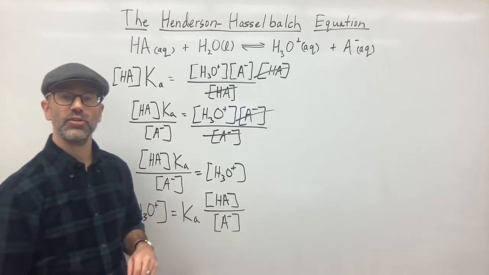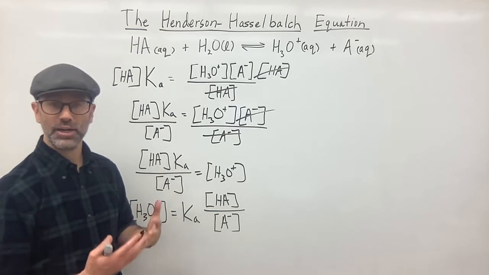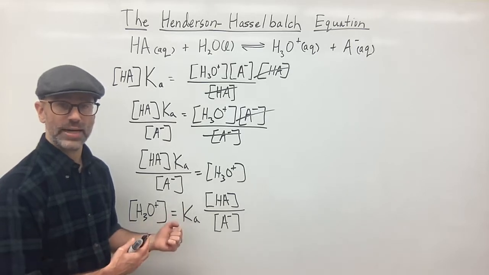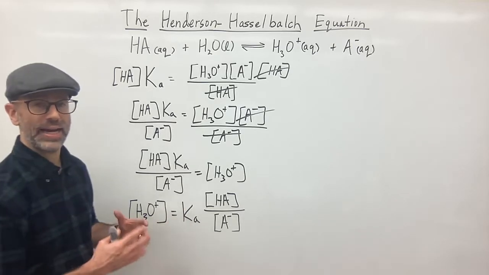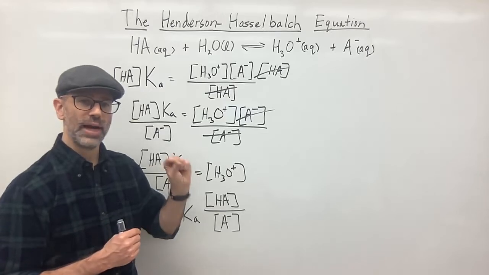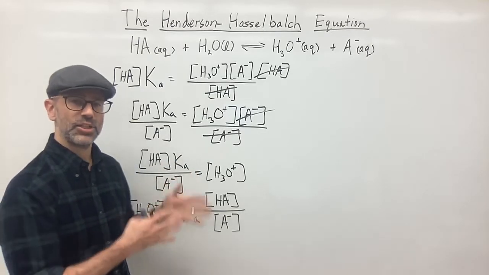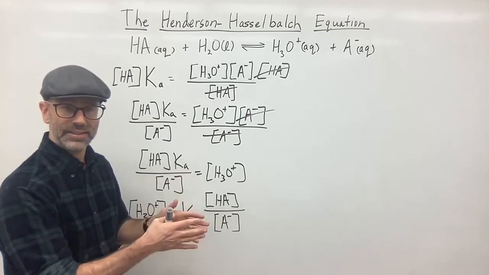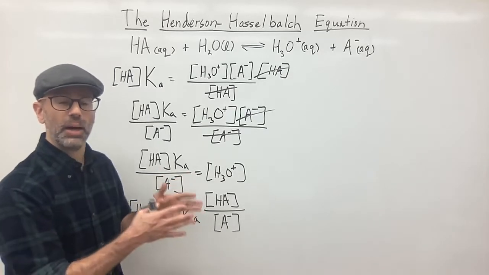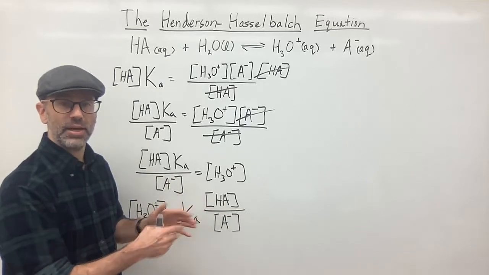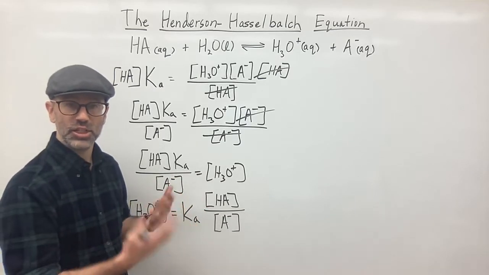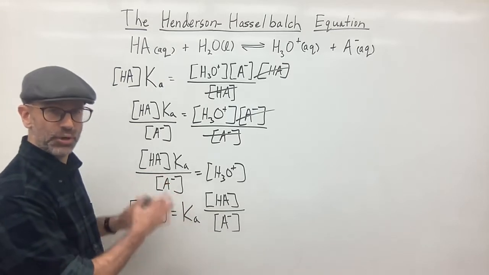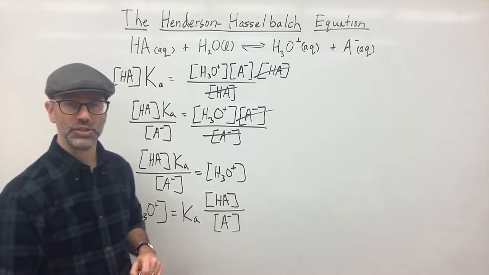And so this is the reason why the x is small approximation works a lot of the times with our weak acids, because when they ionize, such a little amount ionizes that the equilibrium concentrations of your acid and its conjugate base are going to be practically the same as when you started initially. So the equilibrium concentrations are going to be pretty much the same as your initial concentrations.